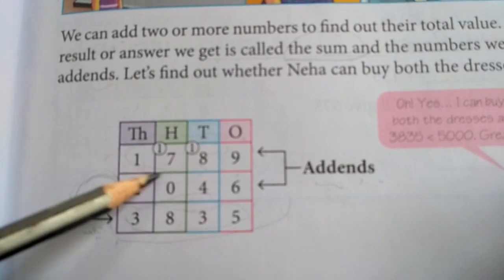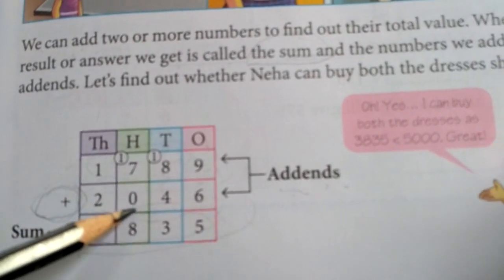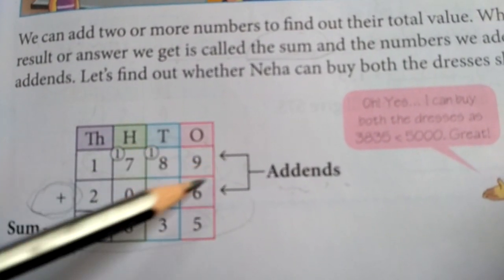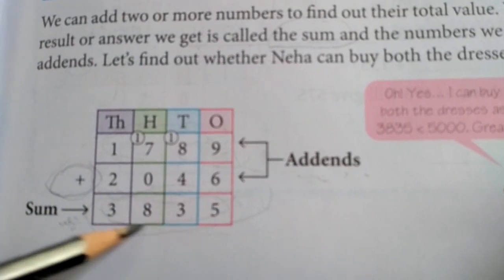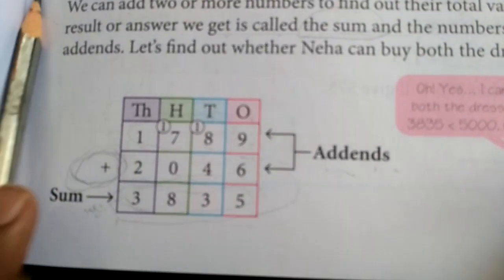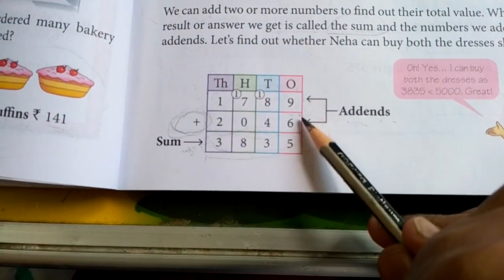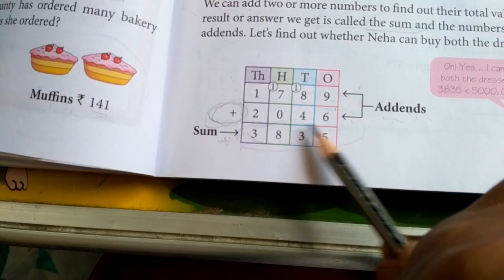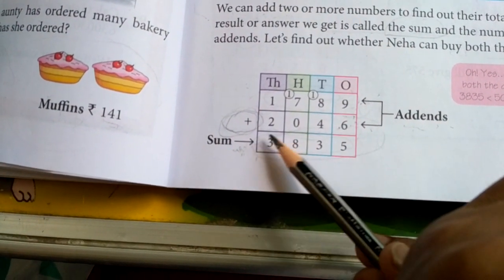Either you can write the smaller addend above and add the larger addend to it, or you can write the larger addend first and then add the smaller addend to it. There will be no change in the result. This fact is applicable only while solving addition problems.